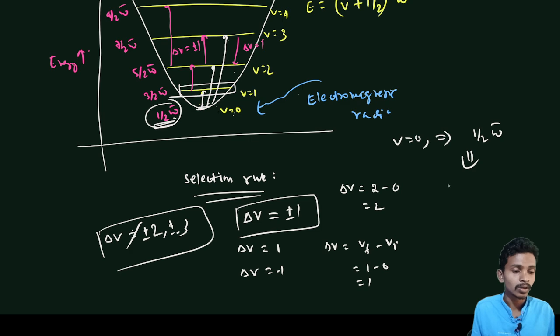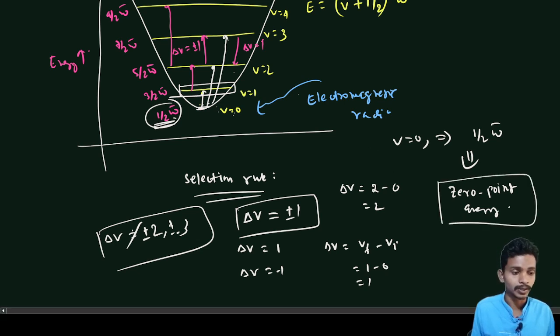This is called the zero point energy, because the molecule is never at rest. The lowest energy which is always present is called the zero point energy.